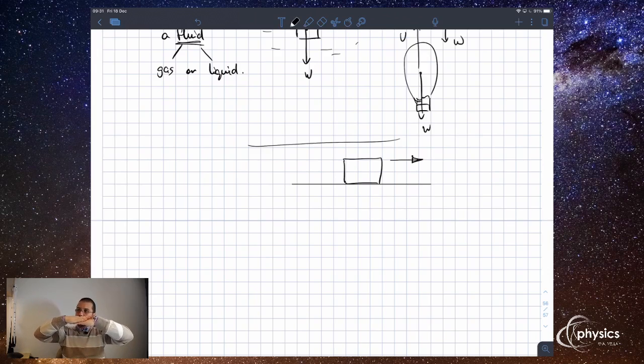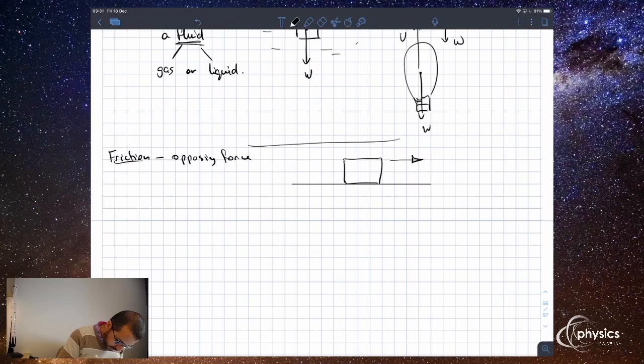What's this called? Friction. Friction is the opposing force to sliding.